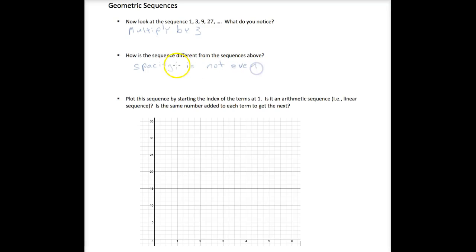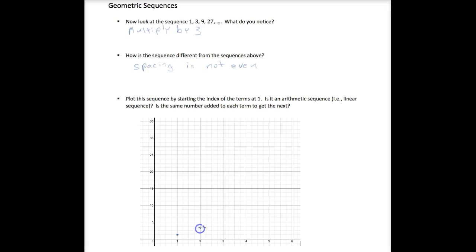If we graph this one, we get a very different look than the last one. Our first value is at 1. Our second term is at 3. This is a very strange graph. Okay, so 3 is about here.